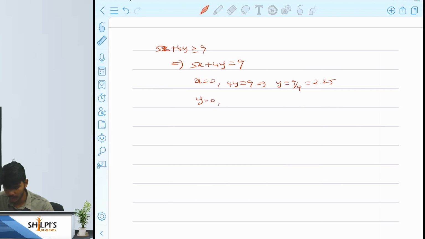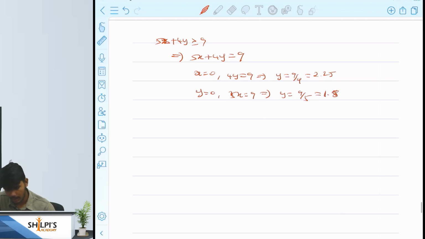Similarly, I am going to put y equal to 0 and I will get 5x equal to 9. This will yield 9 by 5, which is somewhere around 1.8. So it will be 1.8.